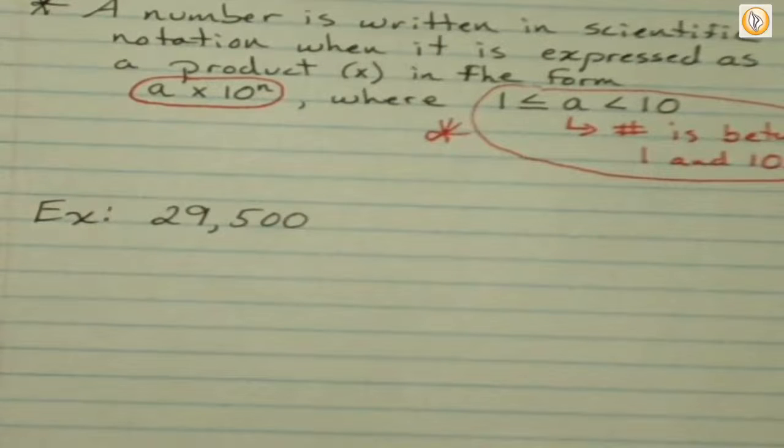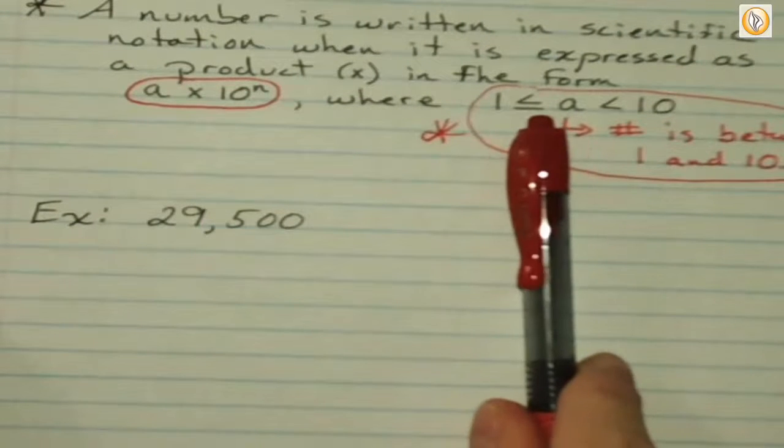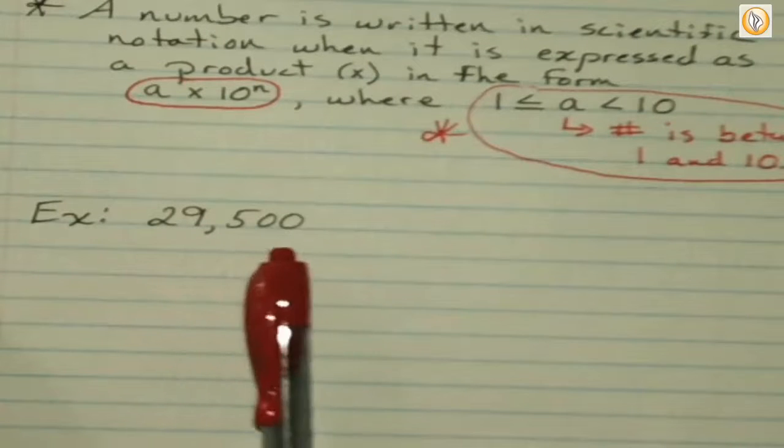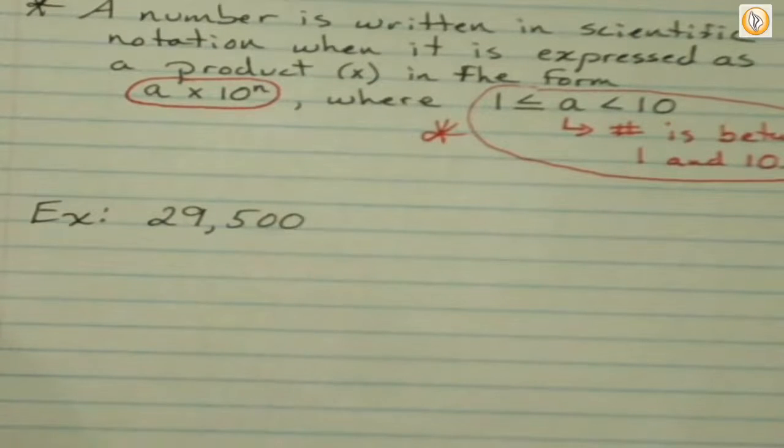And we need to put it into scientific notation. Remember, the number has to be between 1 and 10. This is not between 1 and 10, right? Okay, this is how we do it. Now watch.